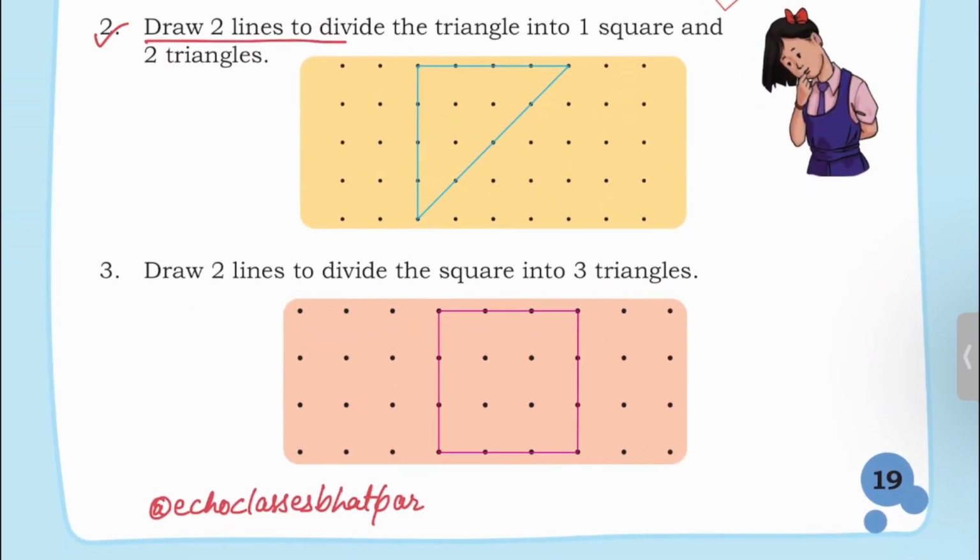Draw two lines to divide the triangle into one square and two triangles. You can draw like this. You will get one square and two triangles.